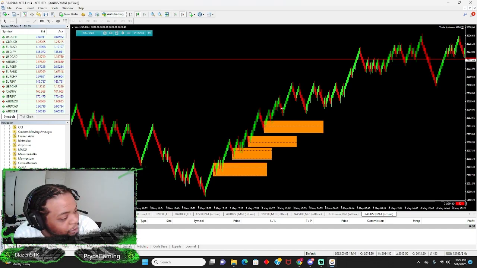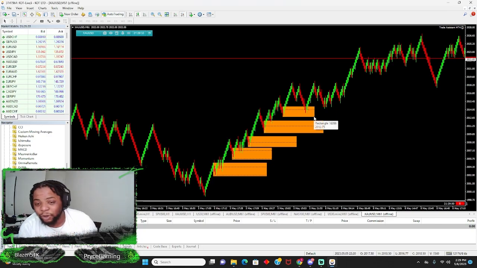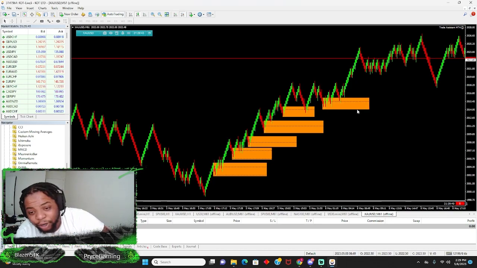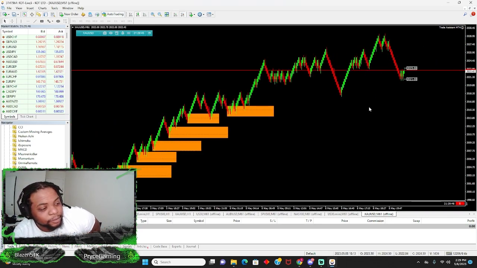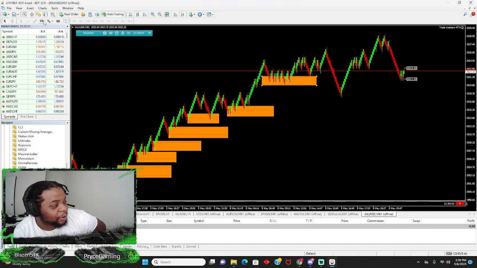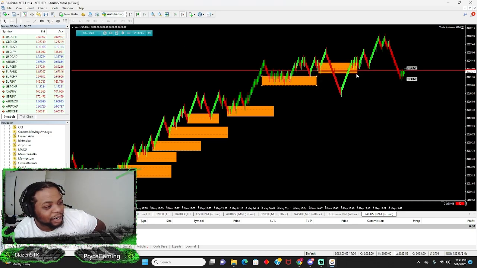Push up, lowest point reached, support. Push up, lowest point reached, support. That's what it says. Push up, lowest point reached, support.